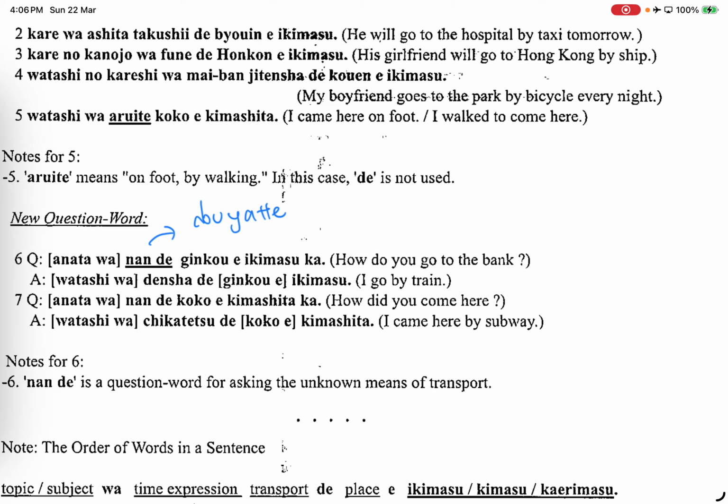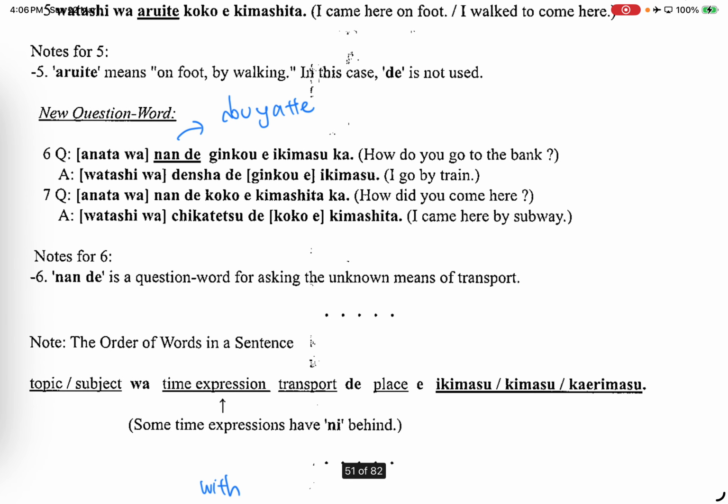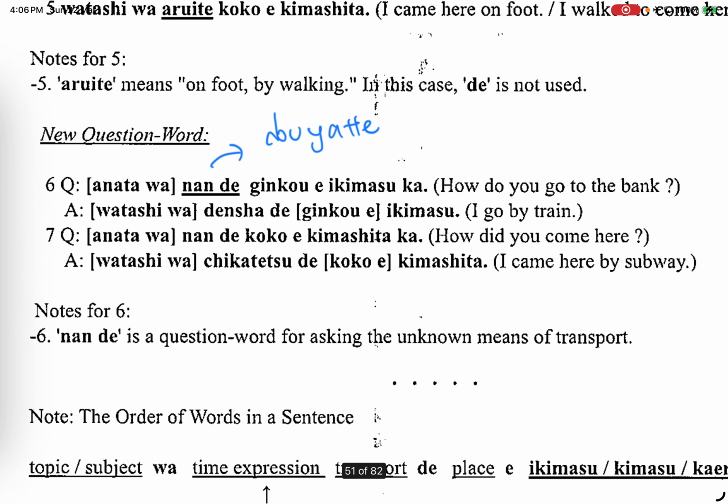Okay. New question word. Number 6. なんで銀行へ行きますか? So なんで is what, right? なん is what. で is the particle by what. So by what, literally by what means なんで. But however, なんで has another meaning also. It means why.